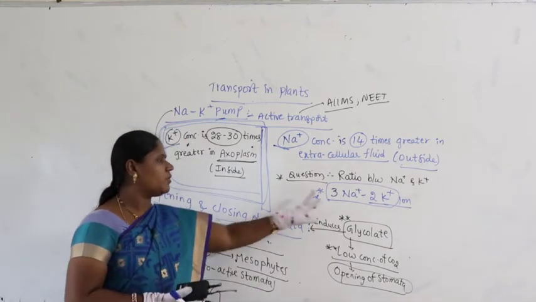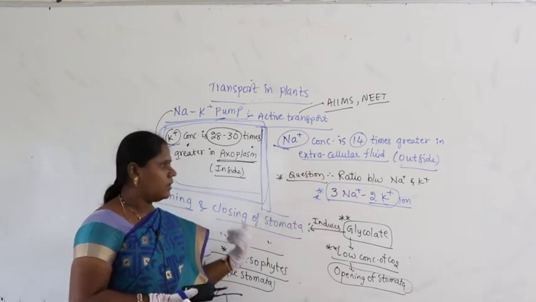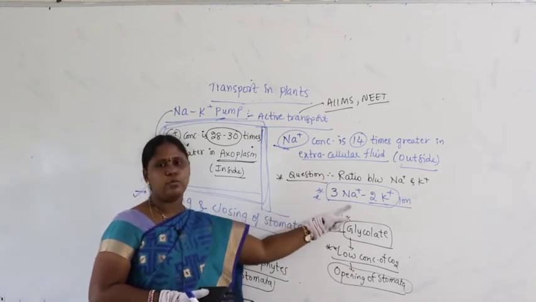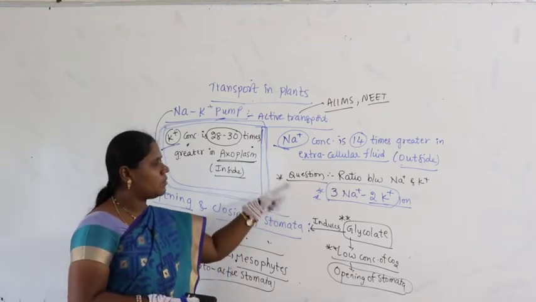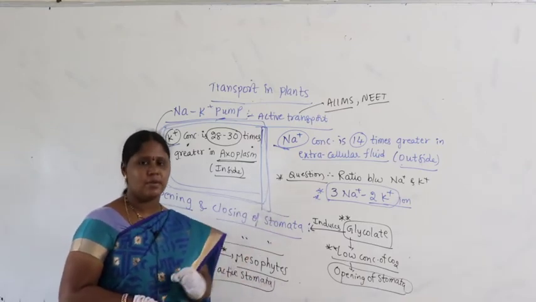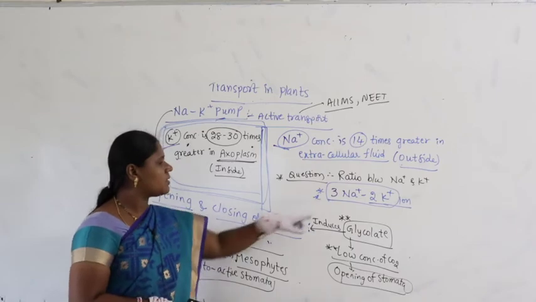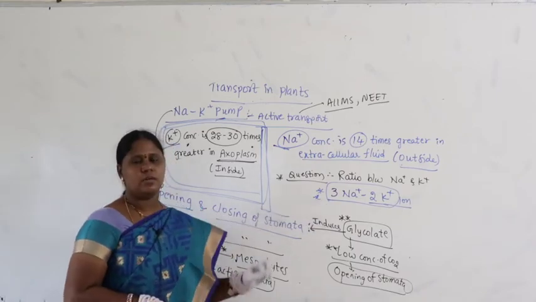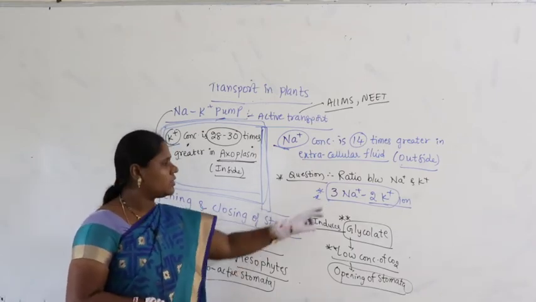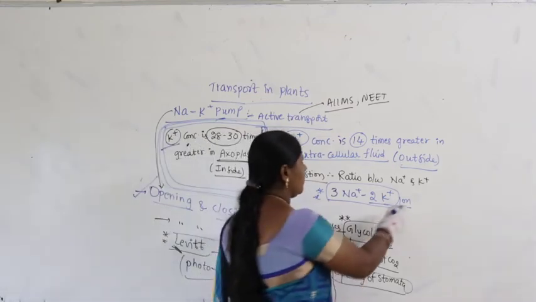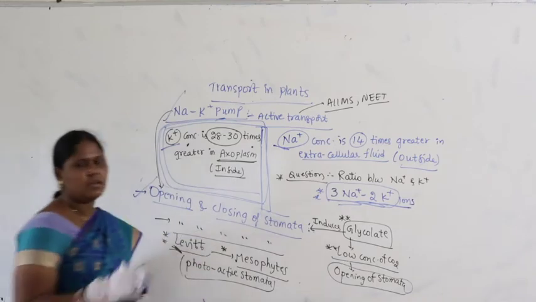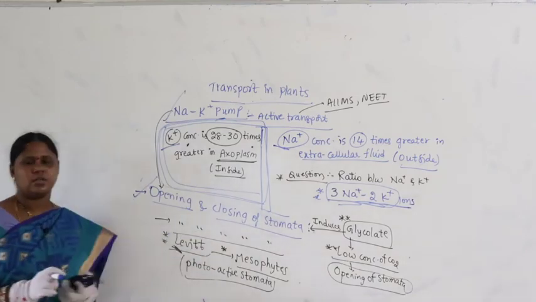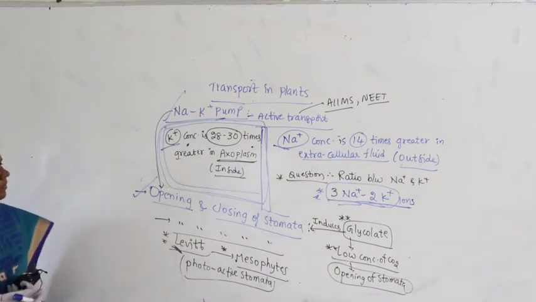For every transportation of 3 sodium inside, there is an out transport of 2 potassium ions. The ratio between sodium and potassium across the cell membrane in this process is nothing but 3 sodium always with 2 potassium ions. So, this is very important. That is an important concept what people have explained in the sodium potassium pump, right.